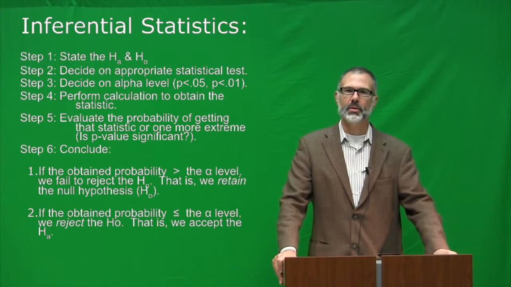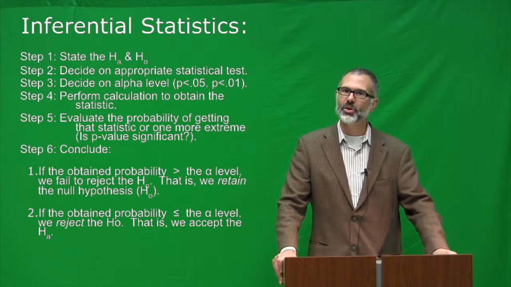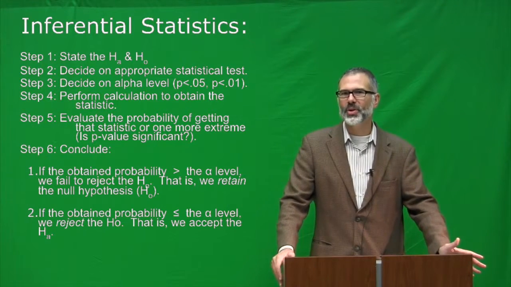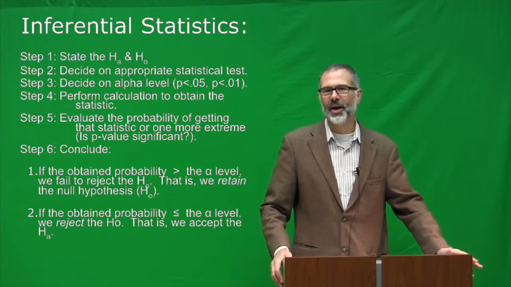Inferential statistics and the thinking behind inferential statistics rely on this funny thing where we're going to think backwards. We have something called the null hypothesis and the alternative hypothesis. The alternative hypothesis is what you've been thinking about when we've been talking about hypotheses.